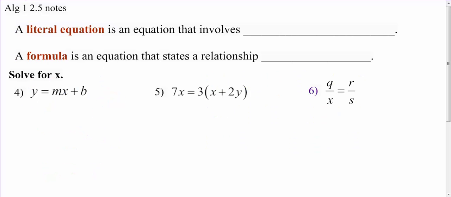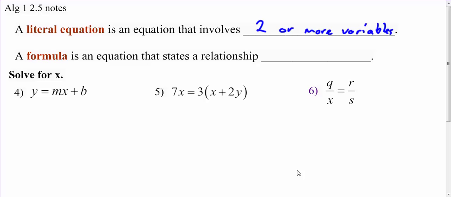Alright, a couple of definitions for you. A literal equation is an equation that involves 2 or more variables. Okay, so a literal equation, 2 or more variables. That's what we've been working on.